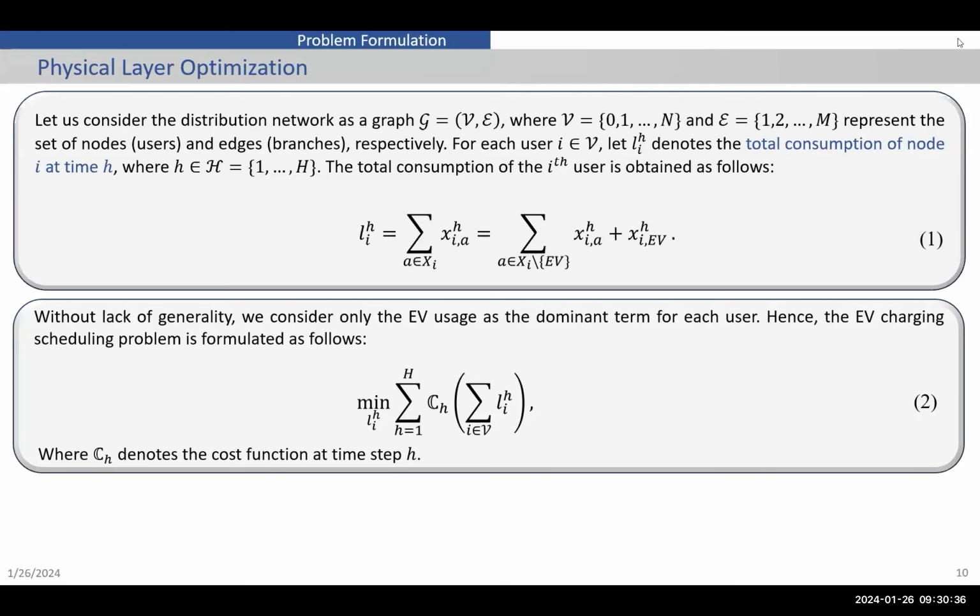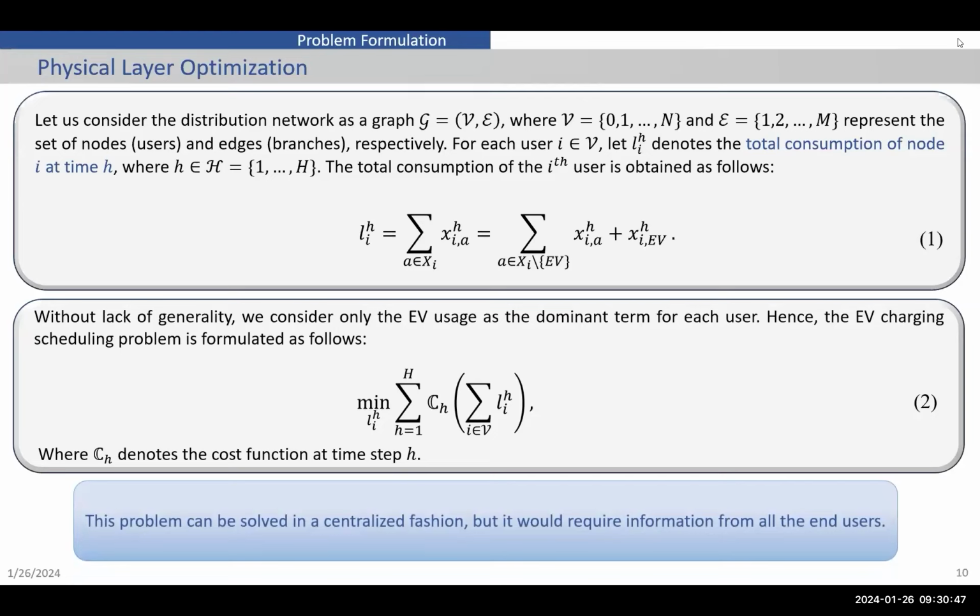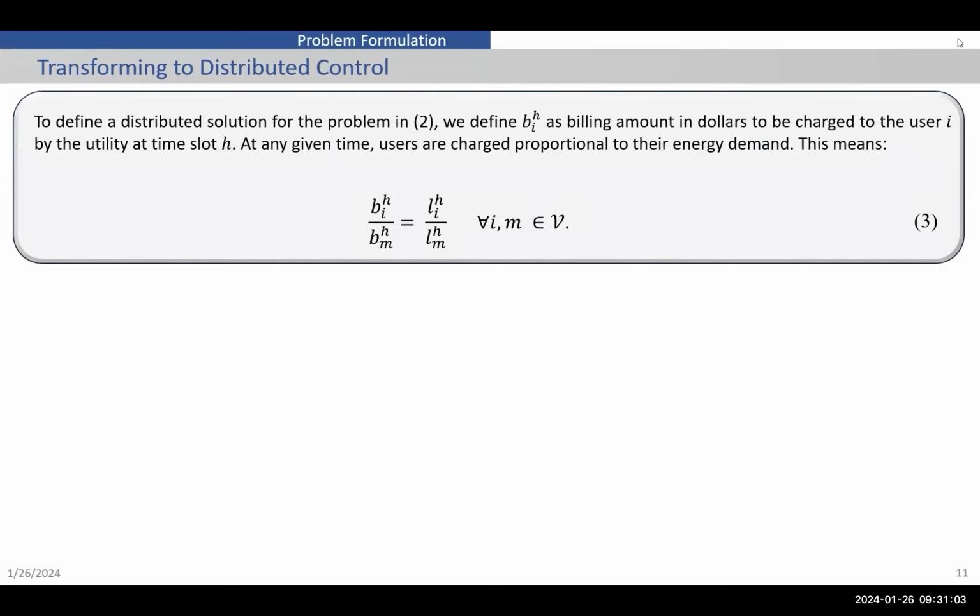And so at the end, we have this optimization problem. We want to minimize the total cost of the system. The C^h here denotes the cost function at time h. But as I said, we are looking for a distributed control. This optimization problem can be solved in a centralized fashion, but we are looking for a distributed control of this optimization function. So to do this, we want to transform from the centralized one to a decentralized one. Suppose we assume two neighbors, household one and household two, at any given time.